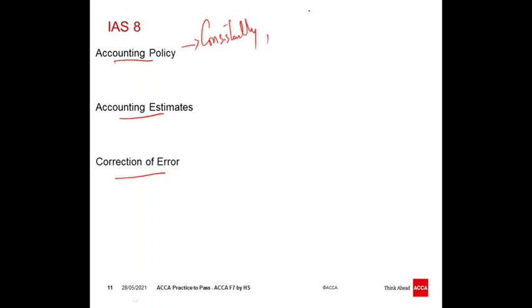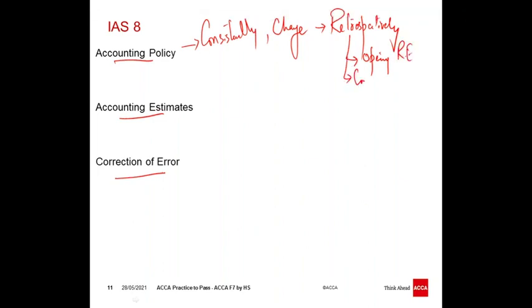So policy should be followed with consistency, and if there is a change in the policy, then it will be applied retrospectively. Retrospective means adjustment will be required in the opening balance of retained earnings and comparative information.